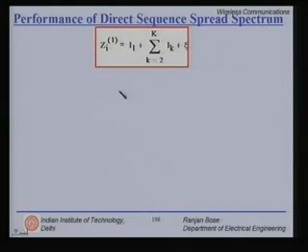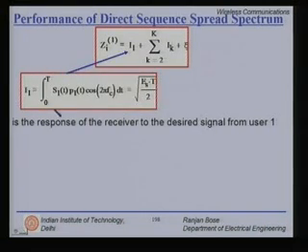So, we start with Zi equal to I1 plus summation k equal to 2 through uppercase K of Ik plus eta. I1 is the integral from 0 to T of the signal S1(t), P1(t), its own sequence, cos 2 pi fct dt. This is the response of the receiver to the desired signal from user 1. No problems.